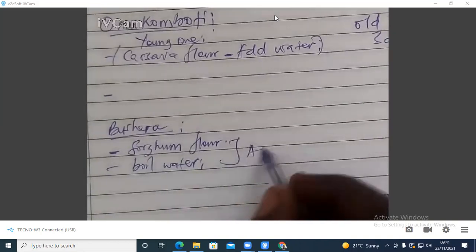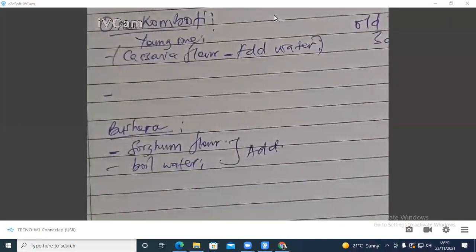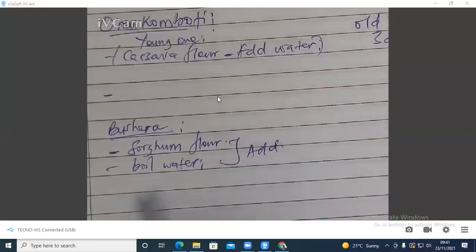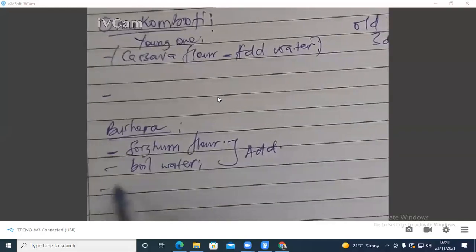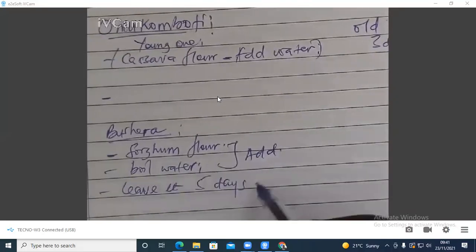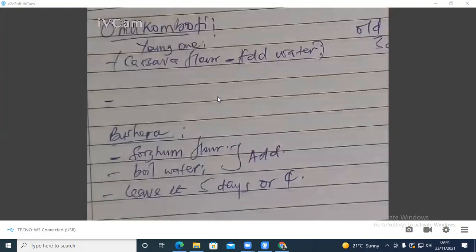You add the two, and you leave them for some time, can be 5 days or 4. So the more days you leave it, the more alcoholic it becomes.